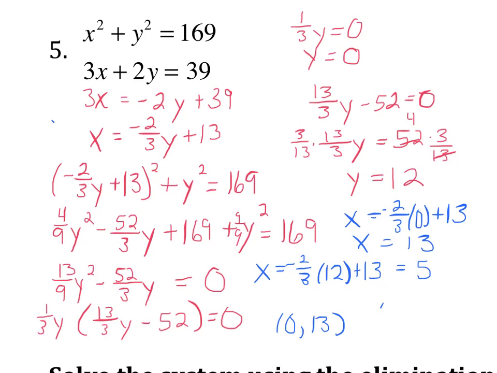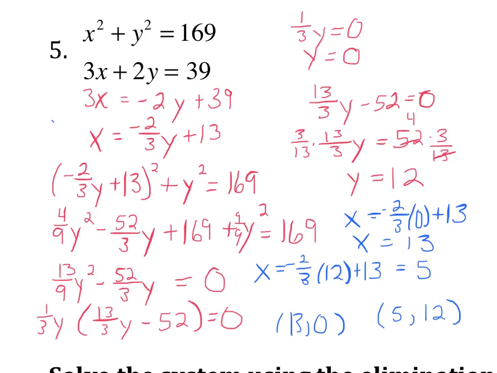So when we plug in 12 for y, we get 5, 12. Oh, and I messed up on the first one. Need to switch my x's and my y's. So be careful on that. If you solve for y first, make sure we put 12 in for y. Oh, oops, that's the second one. So let's see, we want to put in 0 for y and 13 in for x.